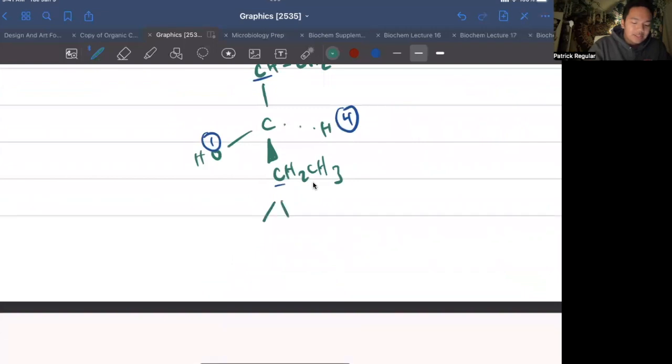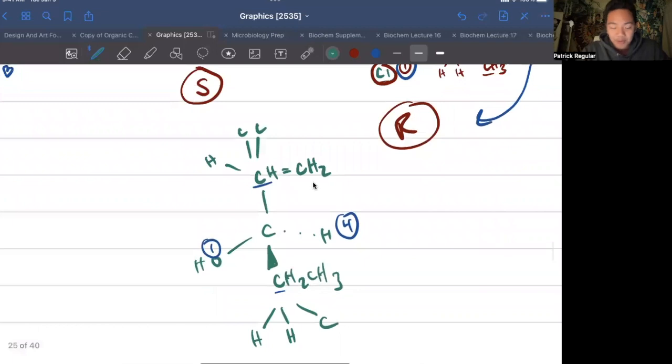This carbon is connected to 2 hydrogens and 1 carbon. Which one takes priority? It's going to be this top one. And if you think about it, alkenes take priority in naming. There are more carbon-carbon bonds.